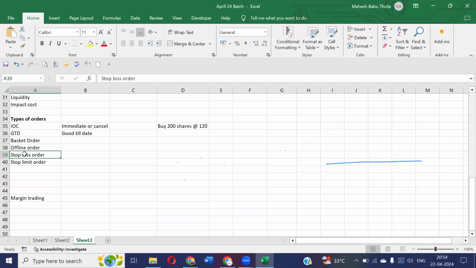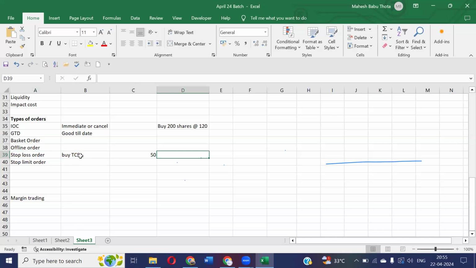If it hits that, the trade will be executed automatically. Let me explain with an example: purchasing a TCS share at 50 rupees. Definitely there will be a loss or gain.